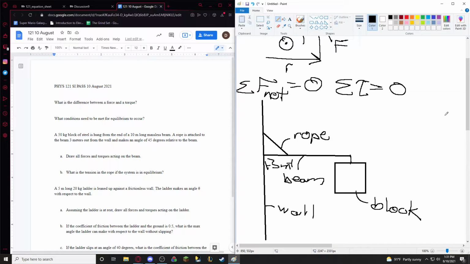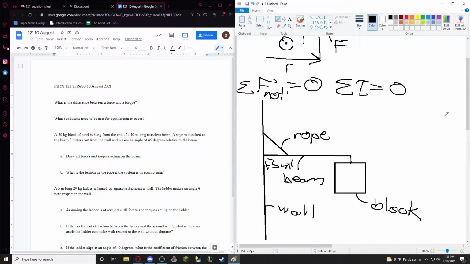So first thing we want to do is draw and visualize all of the forces and torques acting on the beam. And then we want to find what the tension on the rope would be if the system is in equilibrium.